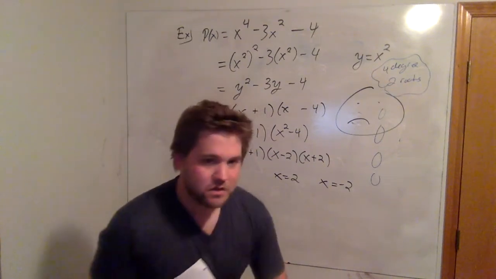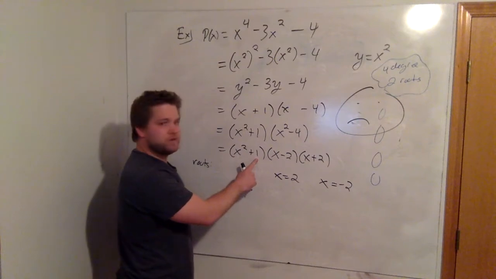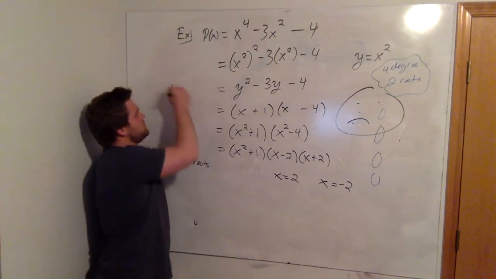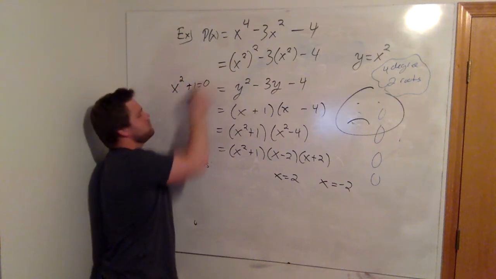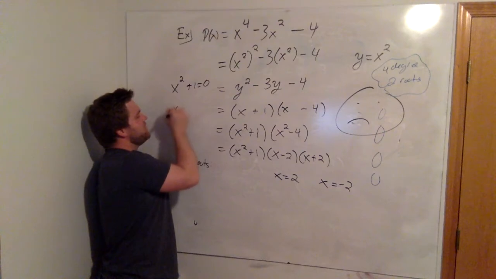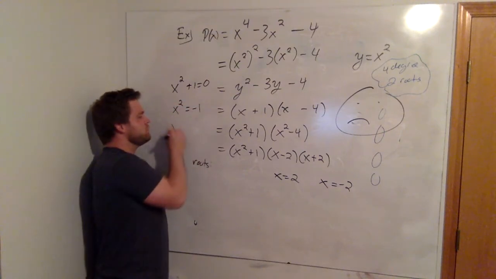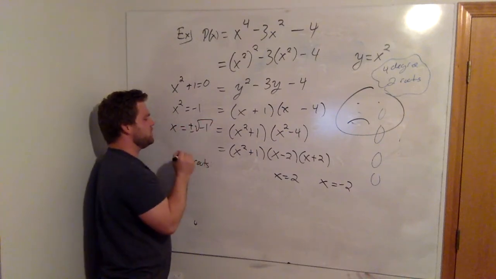But what if I think about not just real roots, but complex roots? In that case, when would x squared plus 1 equal 0? Well, that's when x squared would be equal to negative 1. So if I square root both sides, that'll be plus or minus the square root of negative 1.